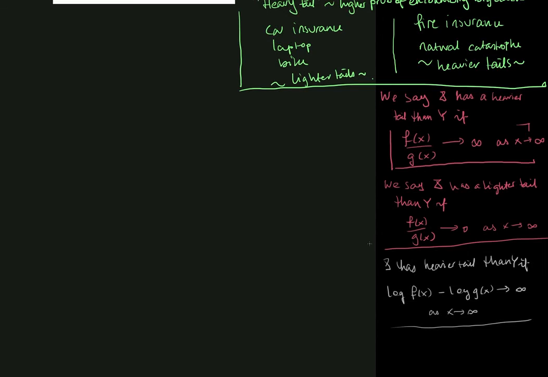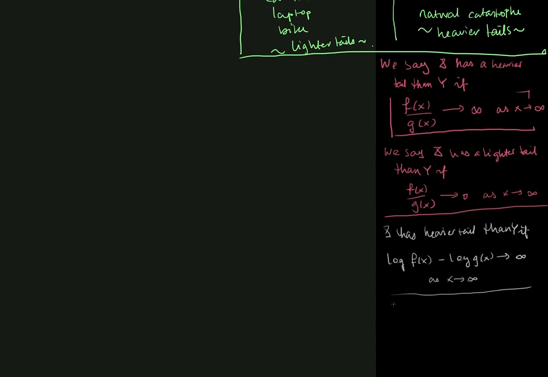This is the equivalent of what we have up here. The equivalent in the second case is that x has a lighter tail than y if the logarithm of the density of x minus the logarithm of the density of y tends to 0 as x tends to infinity, because this is just equivalent to the ratio condition as soon as we take the log on both sides.